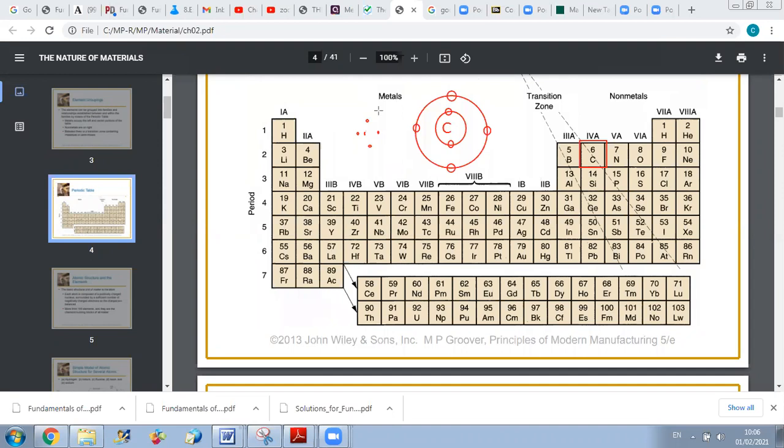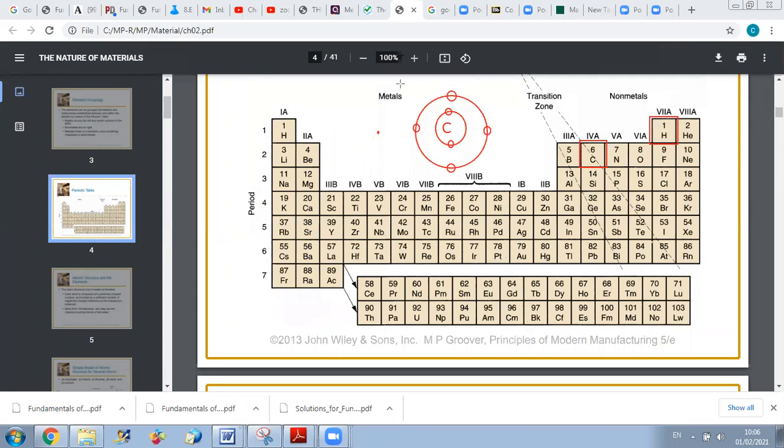The next atom involved in this molecule is H. As you can see, H has an atomic number of 1. So it has only 1 electron, which will occupy the first orbit.